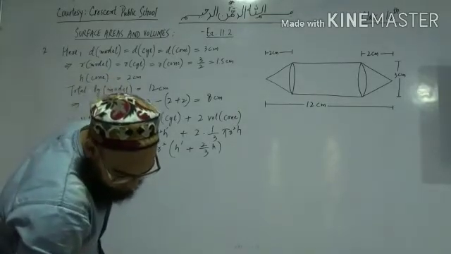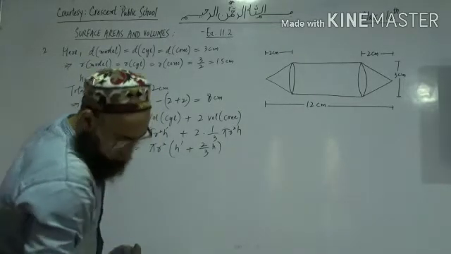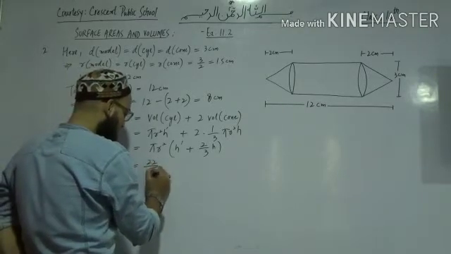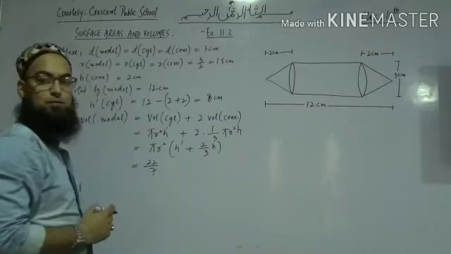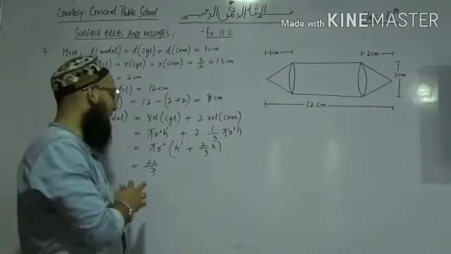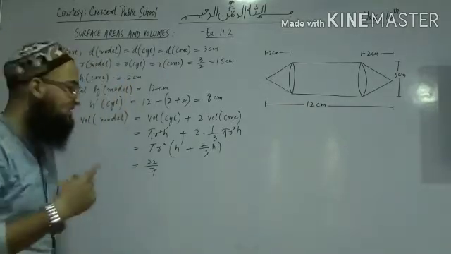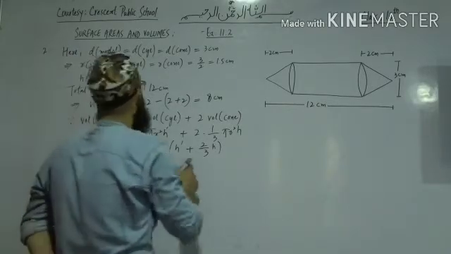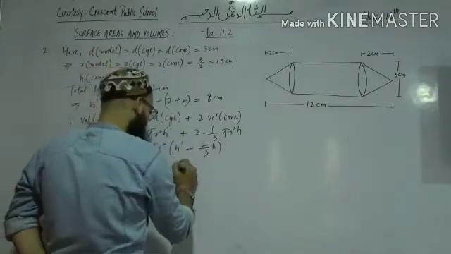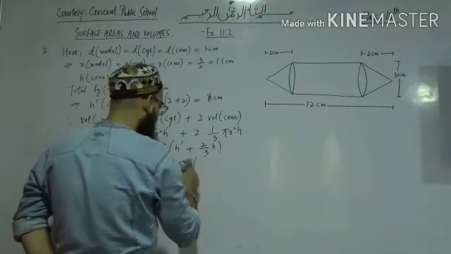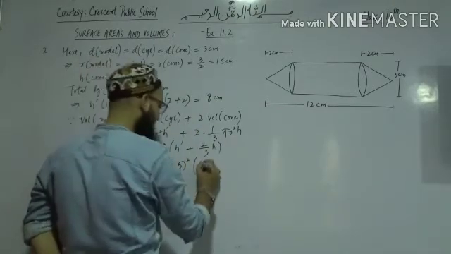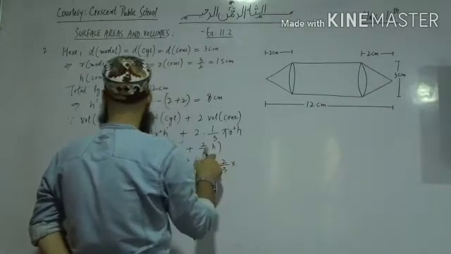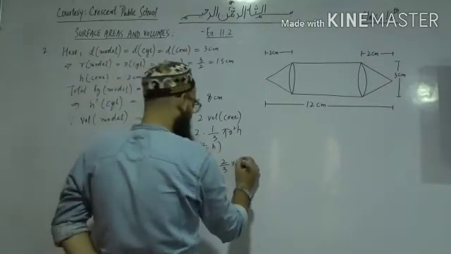Now I can put the value of pi as 22 by 7. You will take pi as 22 by 7 unless stated otherwise. Times, r being 1.5, so 1.5 square times h dash, which is 8, then plus 2 by 3 times h, which is 2.